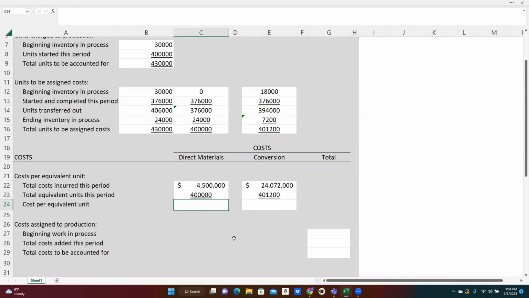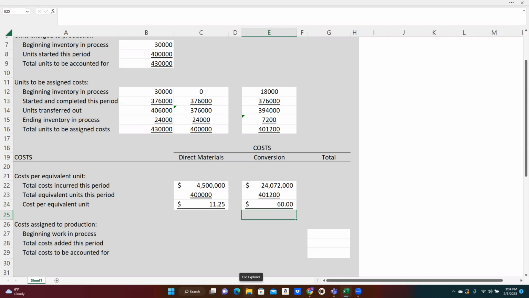And so to finish up this next step, we can calculate the cost per equivalent unit by simply dividing the total costs incurred this period by the total number of units. So that's $11.25 for direct materials and $60 for conversion costs.